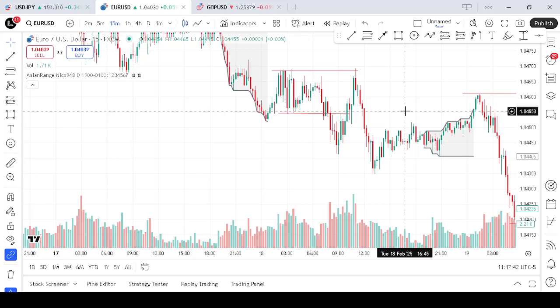It's time to enter the trade when you have confirmed the breakout, and you can do this in two ways. You can manually enter your buy or sell position. You can enter above your resistance zone, or in a sell position you can enter below your support zone after confirmation.